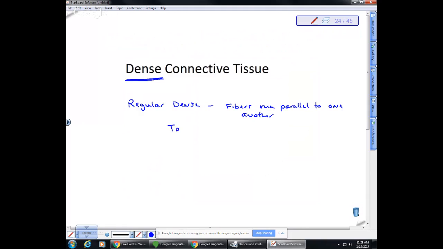And so this makes up tendons, which can connect muscle to bone. This also makes up ligaments, which connect bone to bone.